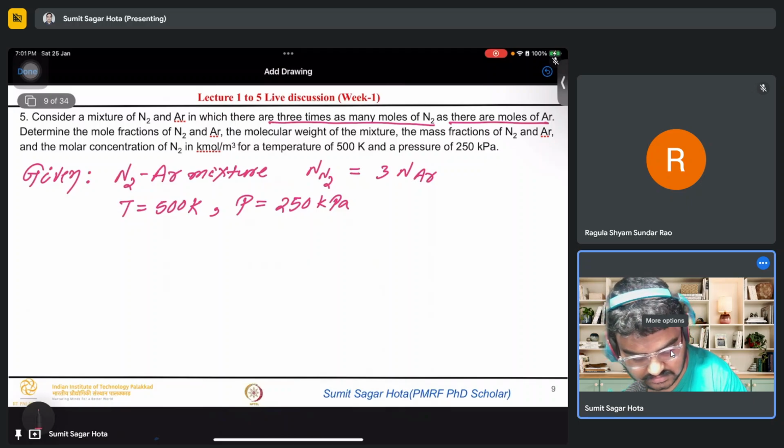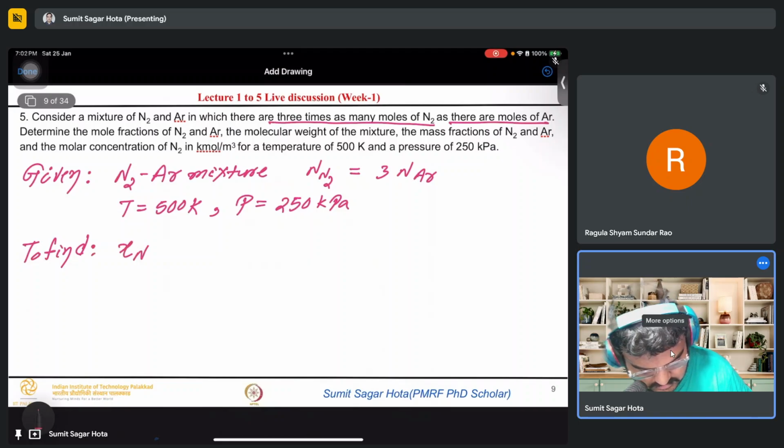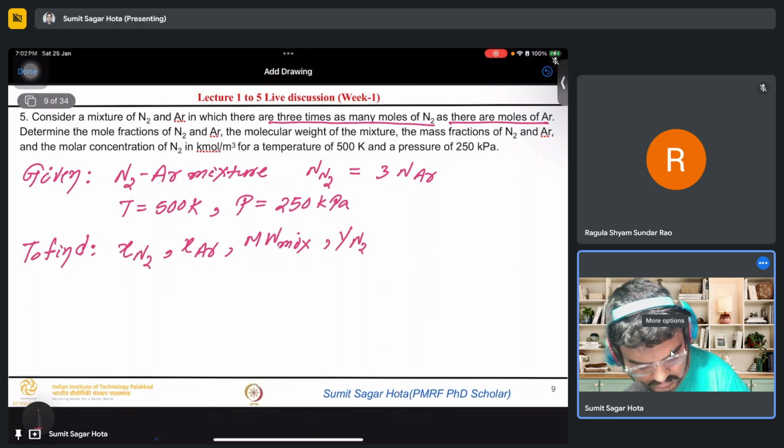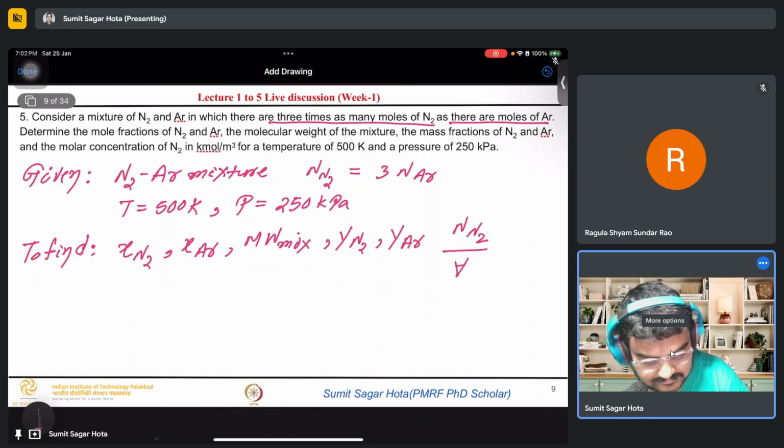What we need to find out is chi of N2. Chi means the mole fraction. Then the molecular weight of the mixture, and V, which I am representing like this with one dash line.